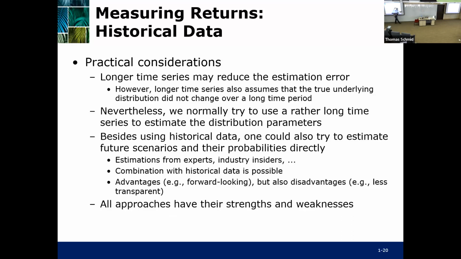If you use a longer time series, you draw more data from the probability distribution. So actually, your random sample will get closer to the true population, and there will be less noise and less estimation error when you estimate the variance, when you estimate the expected return, right? The more data you draw, the closer you get to the true population, and the lower your error will be.